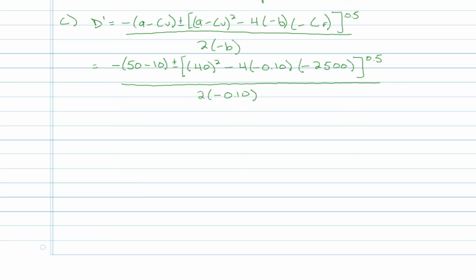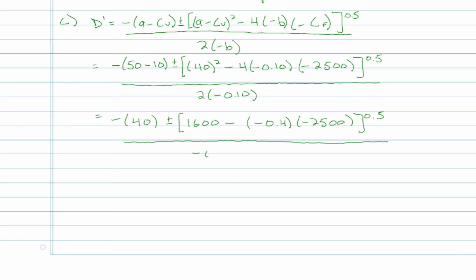Alright, so if we go through and do those calculations in the calculator, we have negative 40 plus or minus 1,600 minus 4 times negative 0.1 times negative 2,500, to the 1/2 power, divided by negative 0.20.